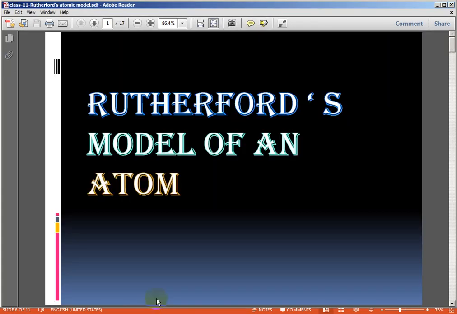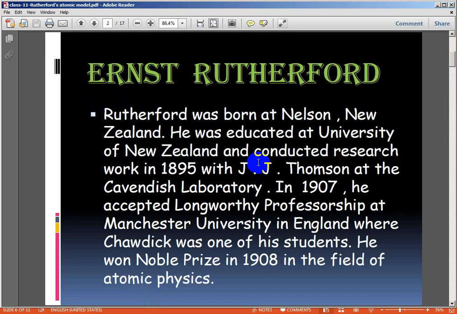Rutherford atomic model. Who is Rutherford? His full name is Ernest Rutherford. Rutherford was born at Nelson, New Zealand. He was educated at the University of New Zealand and conducted research work in 1895 with J.J. Thomson at the Cavendish Laboratory. In 1907, he accepted the professorship at Manchester University in England, where Chadwick was one of his students.